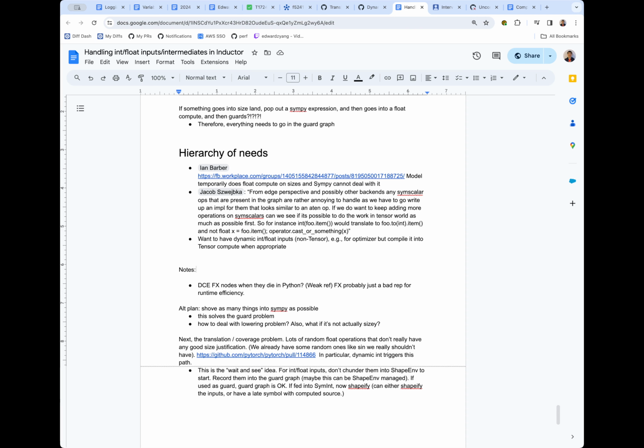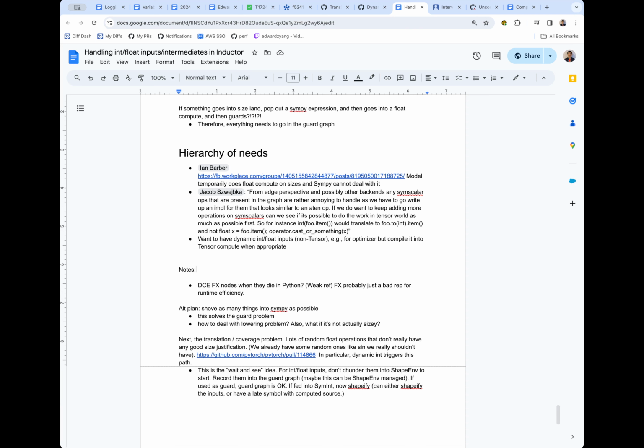Okay. But given this constraint, I have another problem. My new problem is, how do I tell if any given piece of computation is size compute or not? And the answer is, I don't know. Let's say I have an integer argument to a function that I'm about to compile. Is it a size? Is it not? I actually have no idea ahead of time.